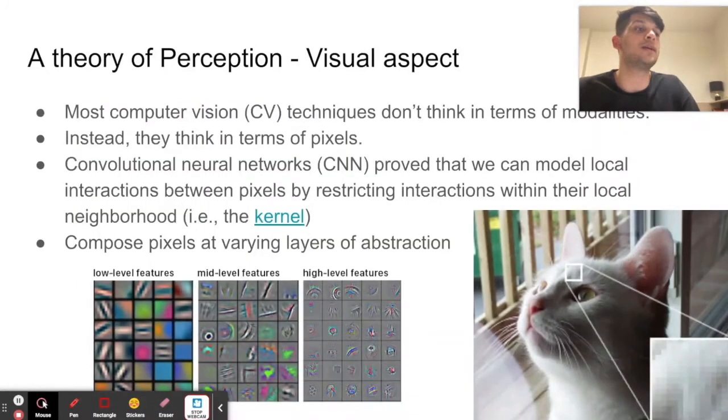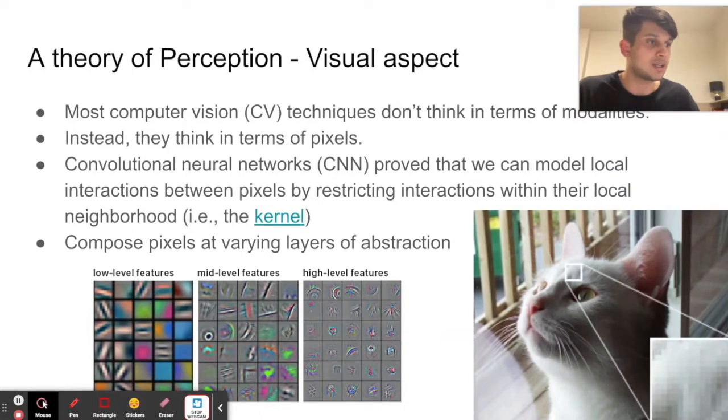Even though a lot of work has been done to explore complex reasoning through discrete representations, most computer vision techniques don't think in terms of modalities. Instead, they think in terms of pixels. They think in terms of large chunks of information. Common CV techniques focus on an image's smallest unit, which is the pixel, and what color it represents and the scale of it. Needless to say, this may not be how our perception really works.